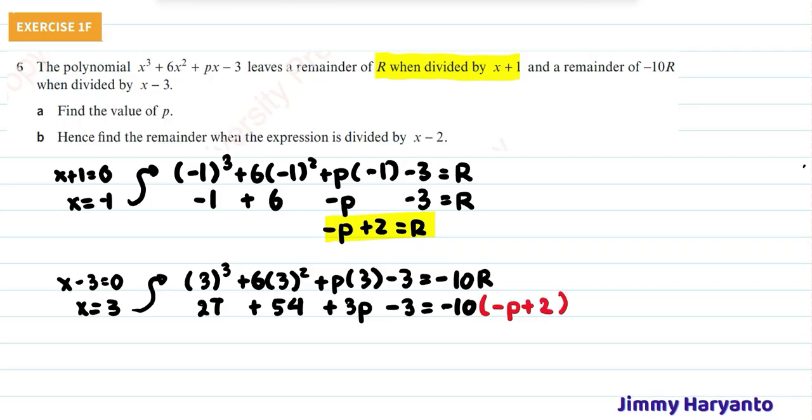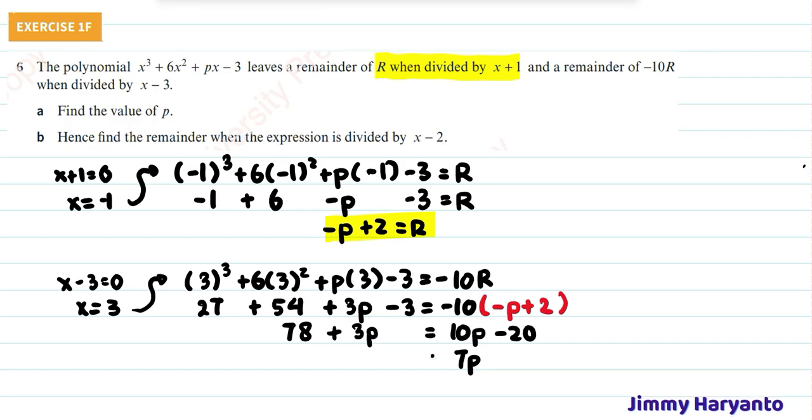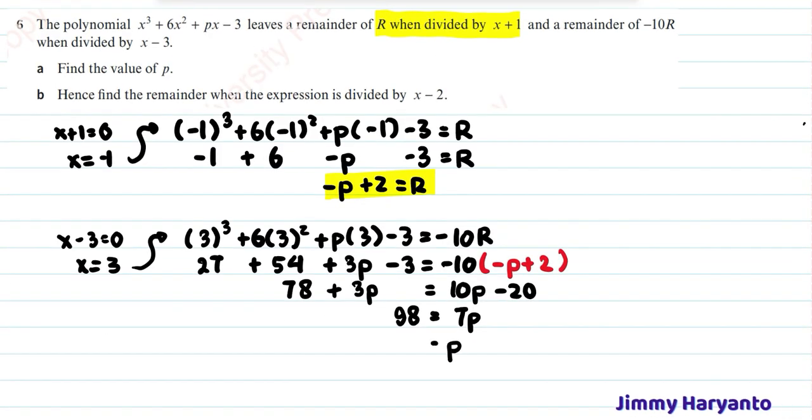We can replace it like that, and then this one is 81 minus 3 equals 78 plus 3p equals 10p minus 20, and then this one is 7p, and then when you move the negative 20 you will have 98, and then p equals 14. So p equals 14.